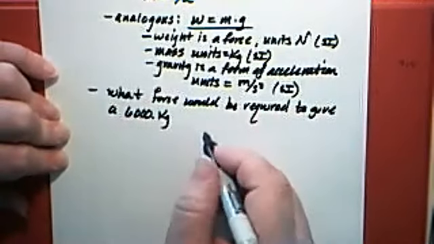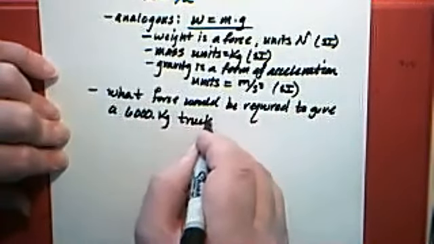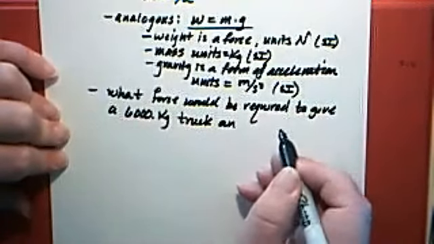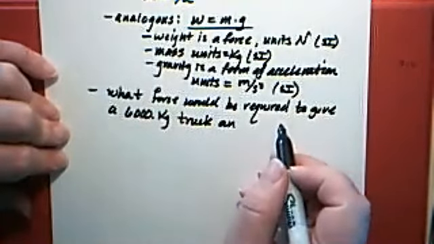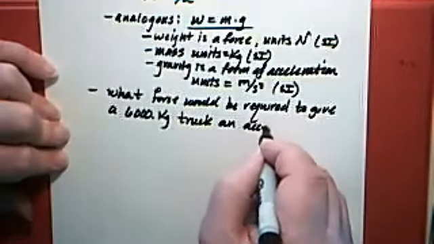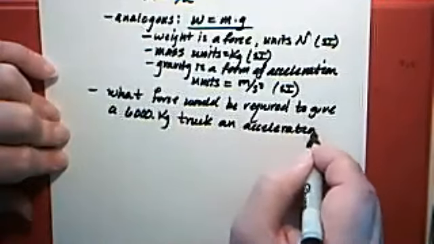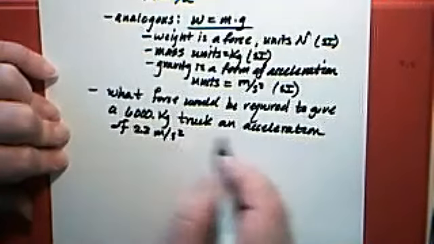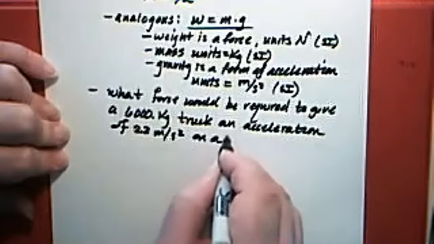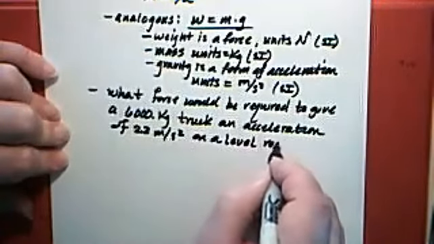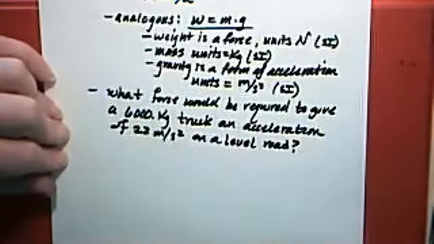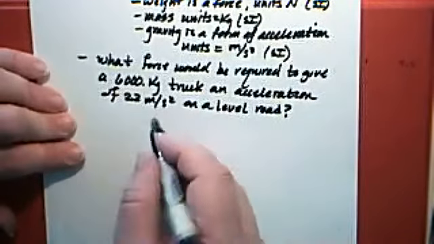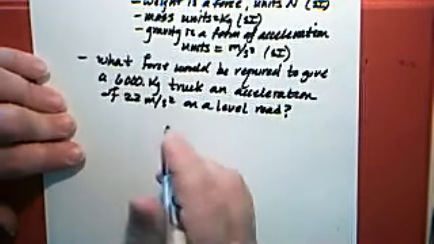Suppose you have a 6,000 kilogram truck and force is applied to it and it ends up accelerating at 2.2 meters per second squared. And this is on a level road, so we don't have to worry about gravity being involved or anything like that, because that would make the problem quite a bit more complicated.